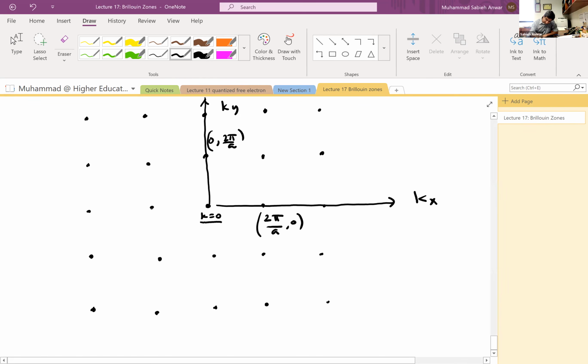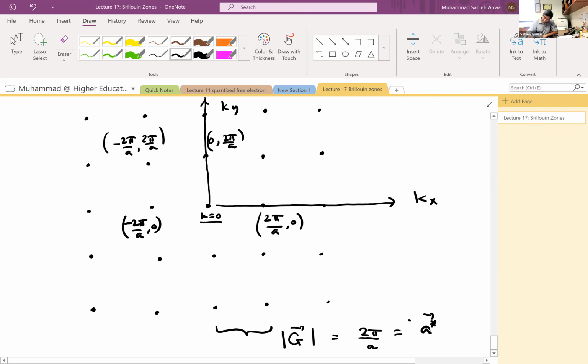This point here is minus 2 pi over a, 0. This point is minus 2 pi over a, 2 pi over a, and so on. Remember that this is equal to G, which is equal to 2 pi over a. It's also equal to a star modulus.